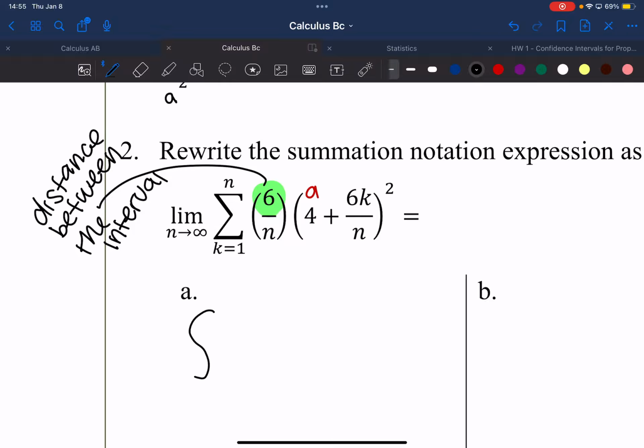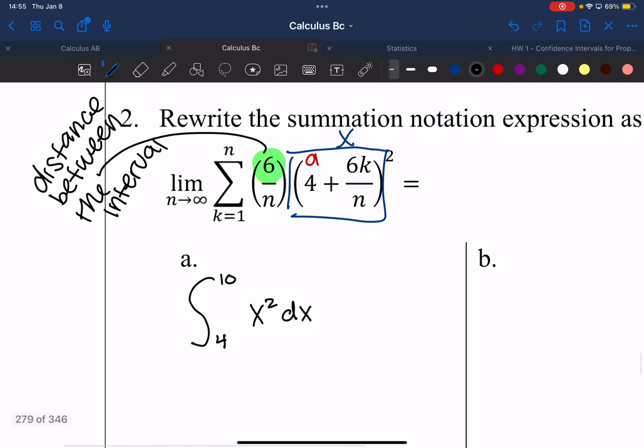So if I'm writing my integral, I know a is 4, and what would b be if I know the distance in the interval has to go up 6? 10. So I have an integral from 4 to 10, which means that this entire thing here, based off of the definition, is going to represent x. So my function in this case is going to be x squared. And then I always end it with dx. That is one way to represent this as an integral.